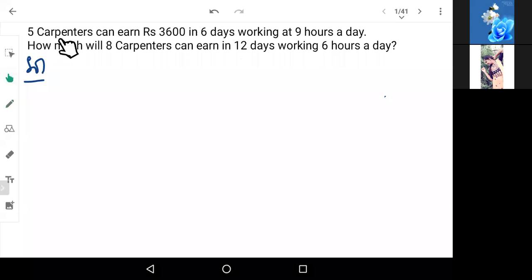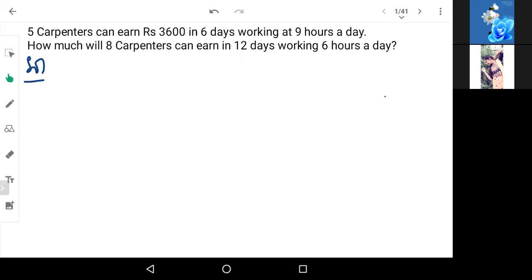5 carpenters can earn rupees 3,600 in 6 days working at 9 hours a day. So this is the first part of the question. Let us read it once again. 5 carpenters can earn rupees 3,600 in 6 days working at 9 hours a day.